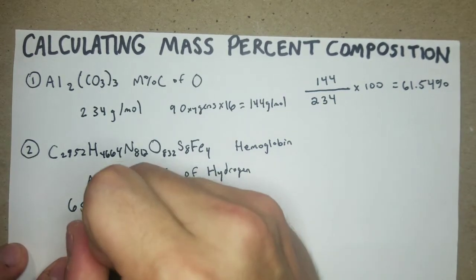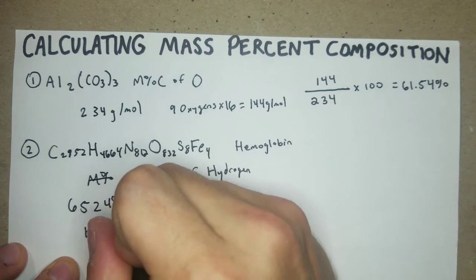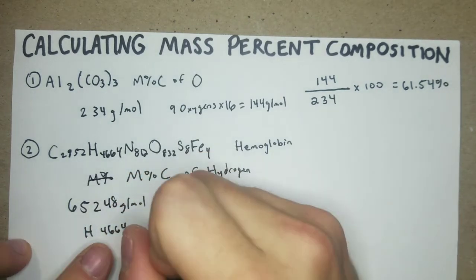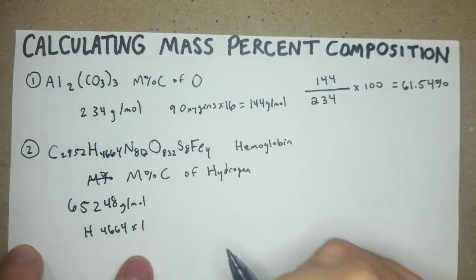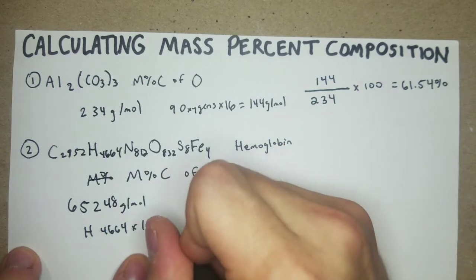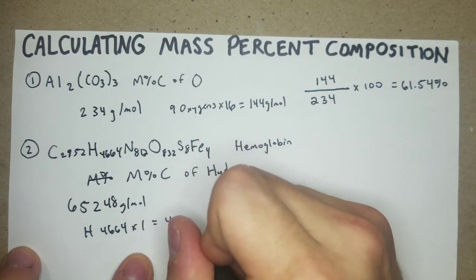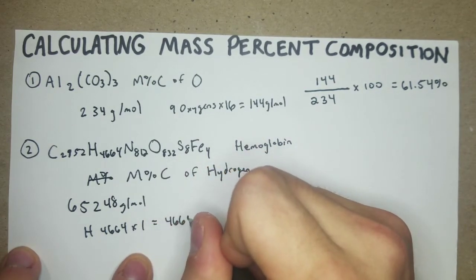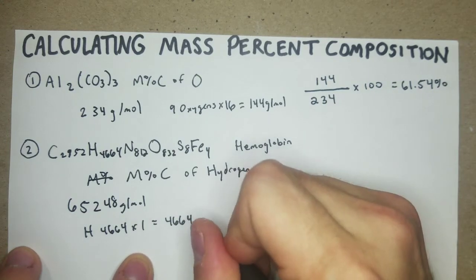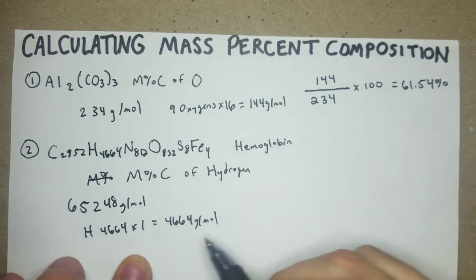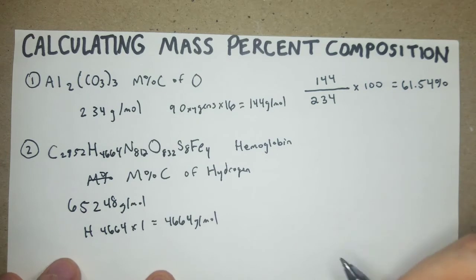So now it's nice and easy, we have 4,664 of them, but each one we rounded down just to 1 gram per mole. So that's going to equate to 4,664 grams per mole, and then we're just going to plug that right into this formula just like we did last time.